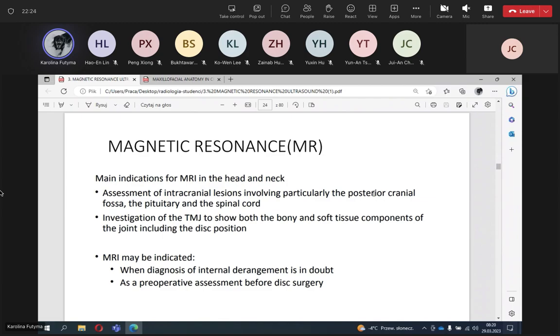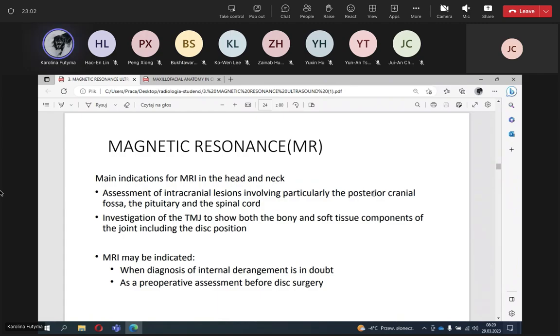So this is the best known method. Of course, the TMJ magnetic resonance is taking place in two positions of the patient. So first part of the examination is taken with the occlusion of the teeth, patient's teeth, and then we are skipping to the second part, and the second part is with the disclusion, so with the open mouth of the patient.